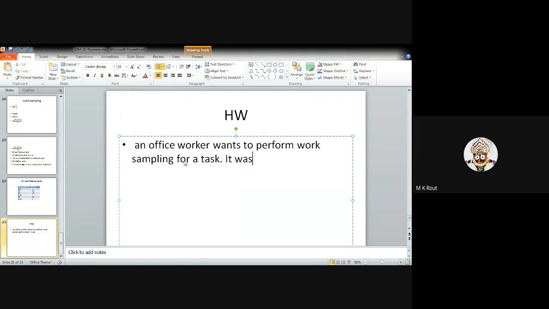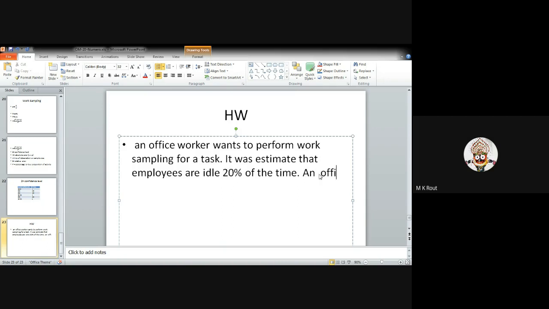To start, it was estimated that employees are idle 20% of the time. So that is 20%.